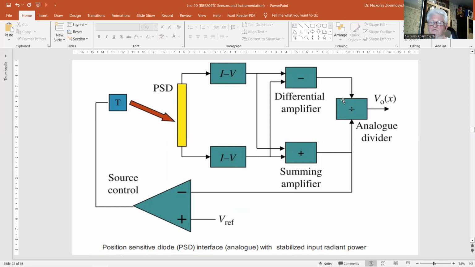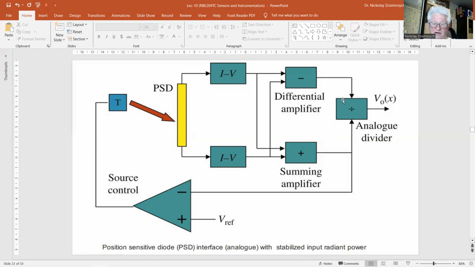The sum of both output currents of a PSD is proportional to the irradiance, and hence this sum is a suitable quantity for controlling the emitted radiant power of the source.